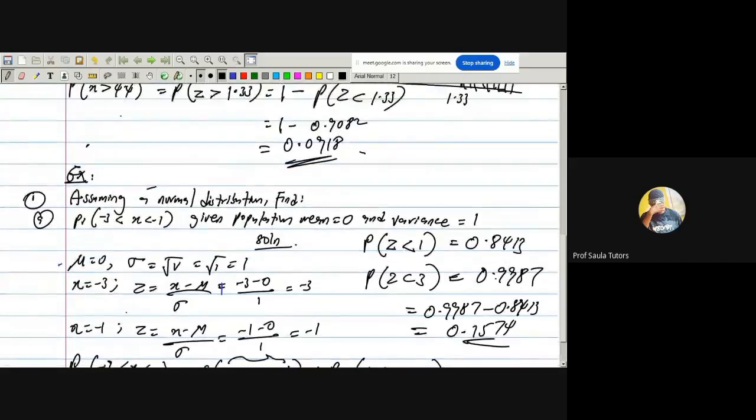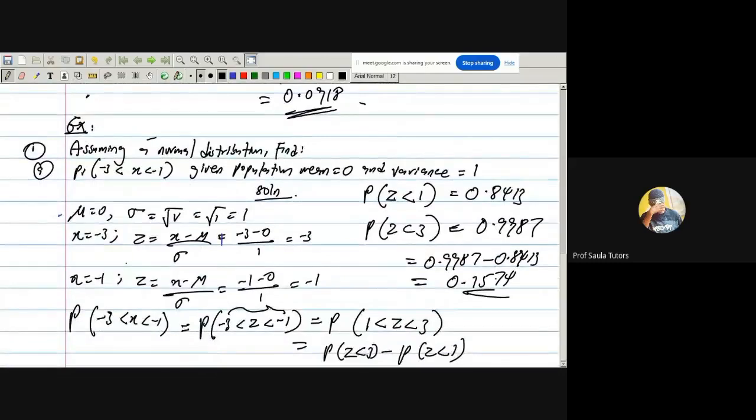Let me show you a graph, just like what I've explained before. For example, you have something like this, with the point 1 and the point 3. Remember, z less than 3 gives you everything from here down, and z less than 1 gives you everything from here down.